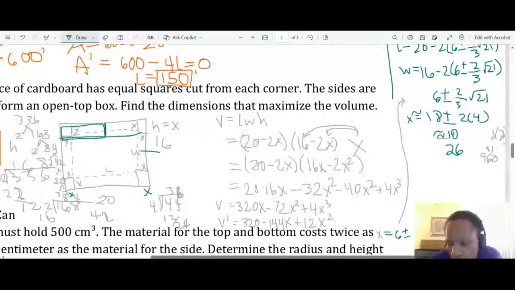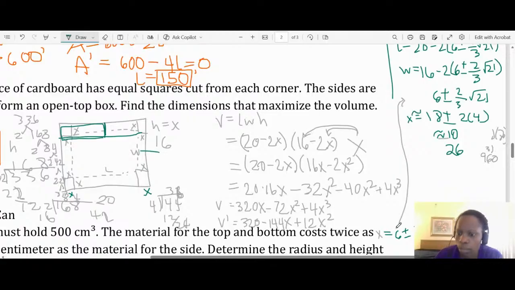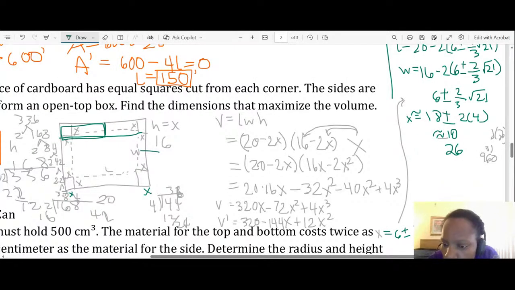I think it's like that. So 18 plus 8 over 3, and then 18 minus, I'm going to multiply both sides by 3 to get a common denominator.